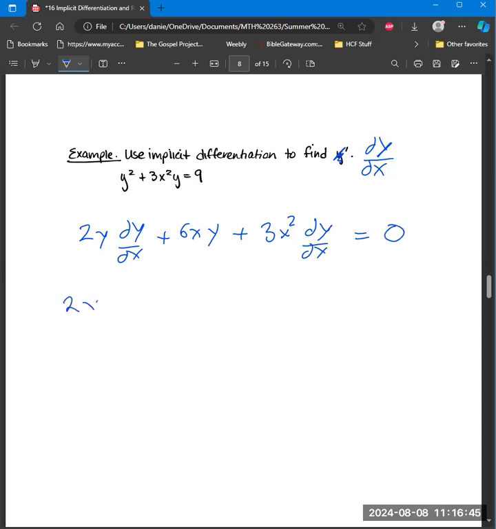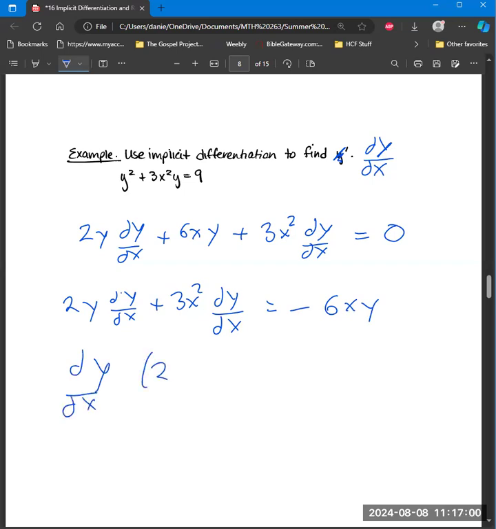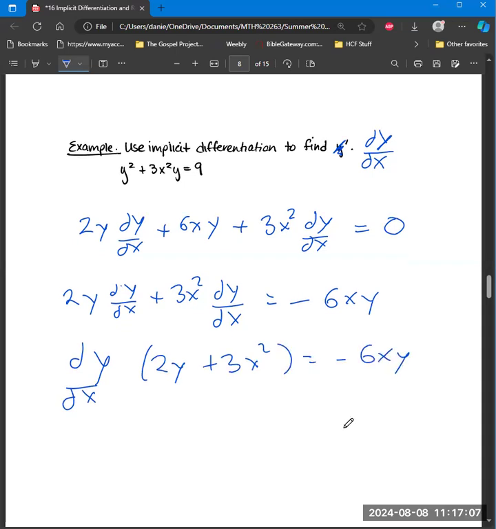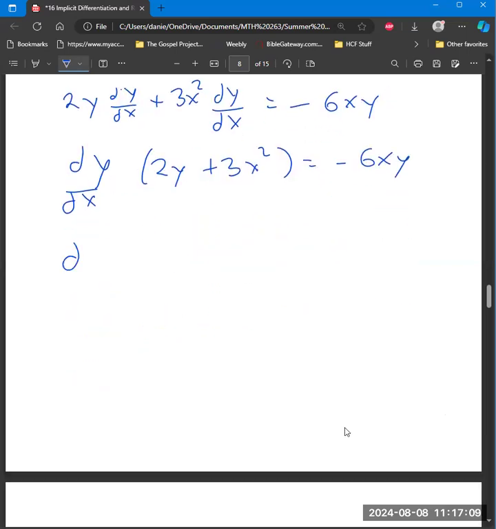Let's get the dy/dx terms by themselves on the left. Factor out my dy/dx. That gives me 2y + 3x^2 on this side, and -6xy on the other. And dy/dx is equal to -6xy over (2y + 3x^2).